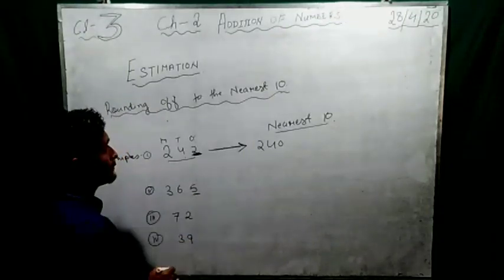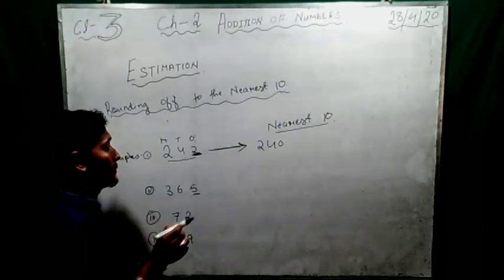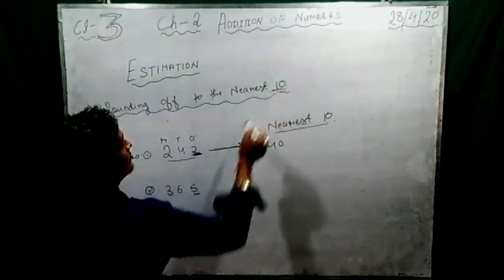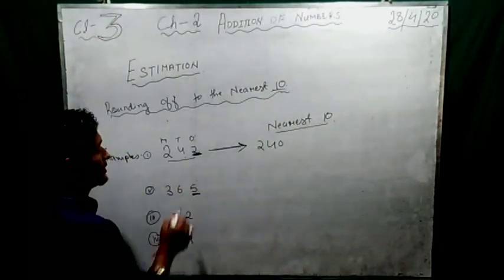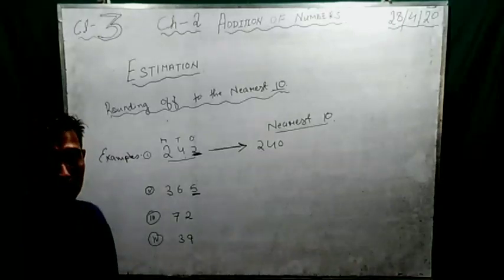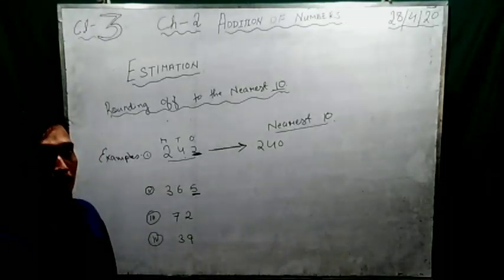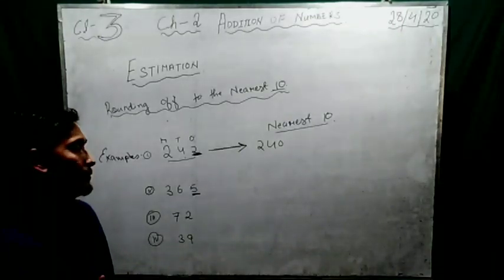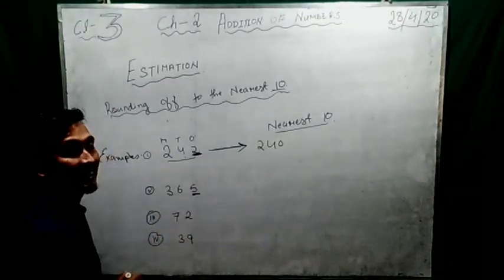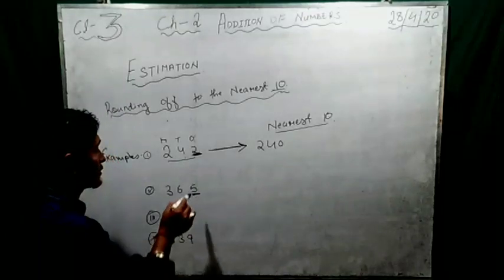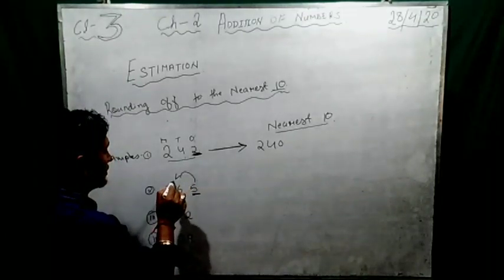Let's take another. Again, what do we have to see? The ones digit when we are rounding to the nearest 10. So see this one. What is this? This is 5. If it is 5, then the tens place number will increase by 1.